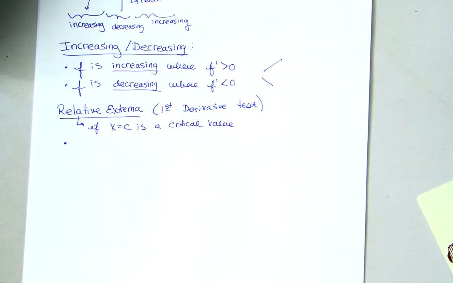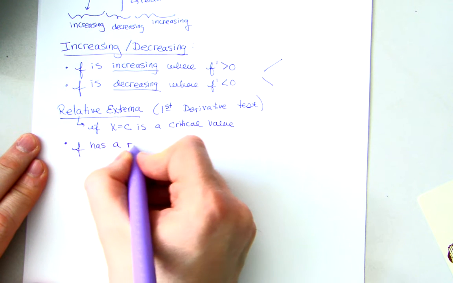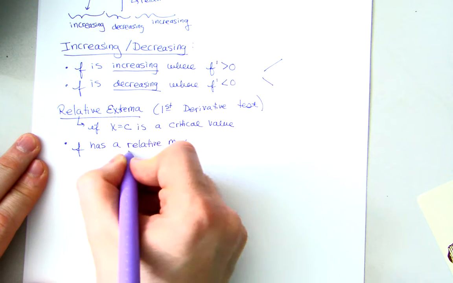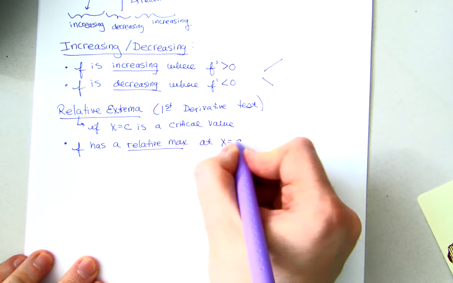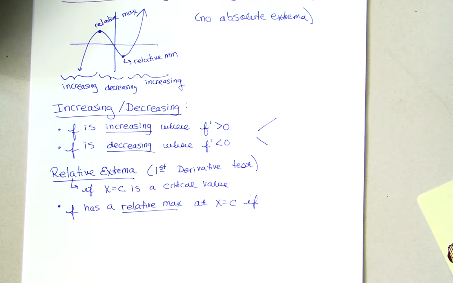Then f has a relative max at x equals c if, here's my relative maximum.